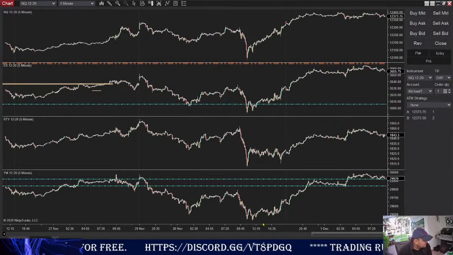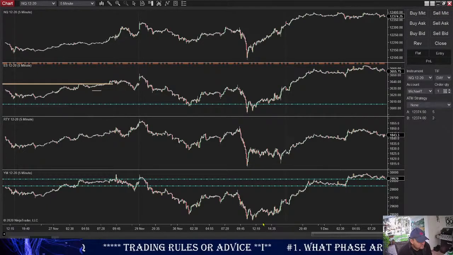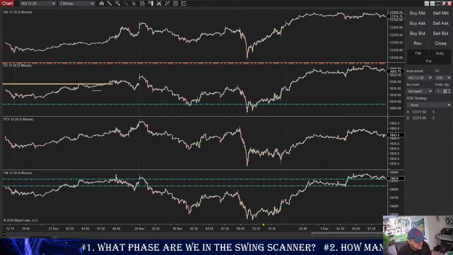That's the question I ask you guys today. Why would NQ, ES, R2Y, and YM basically trade the same way? R2Y looks like there was a little more consolidation within this zone.